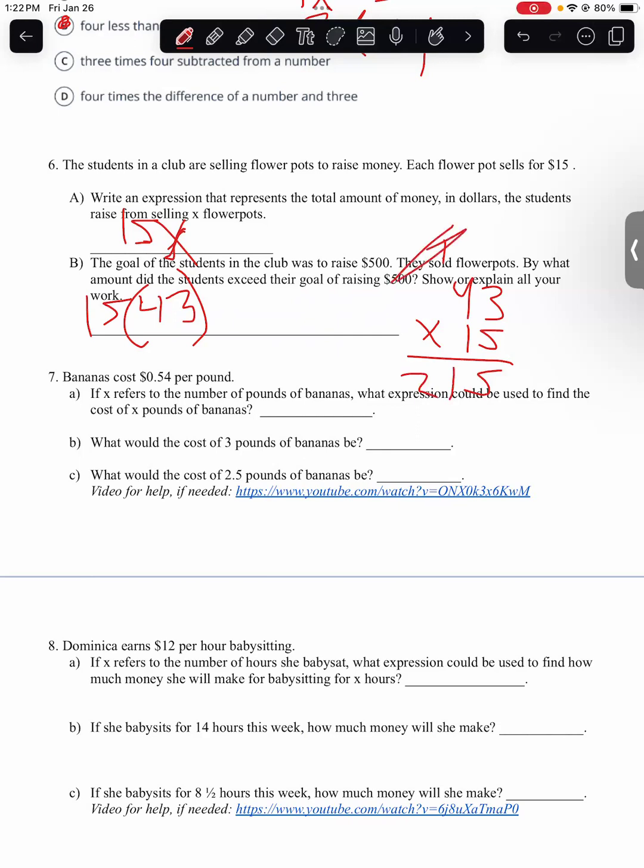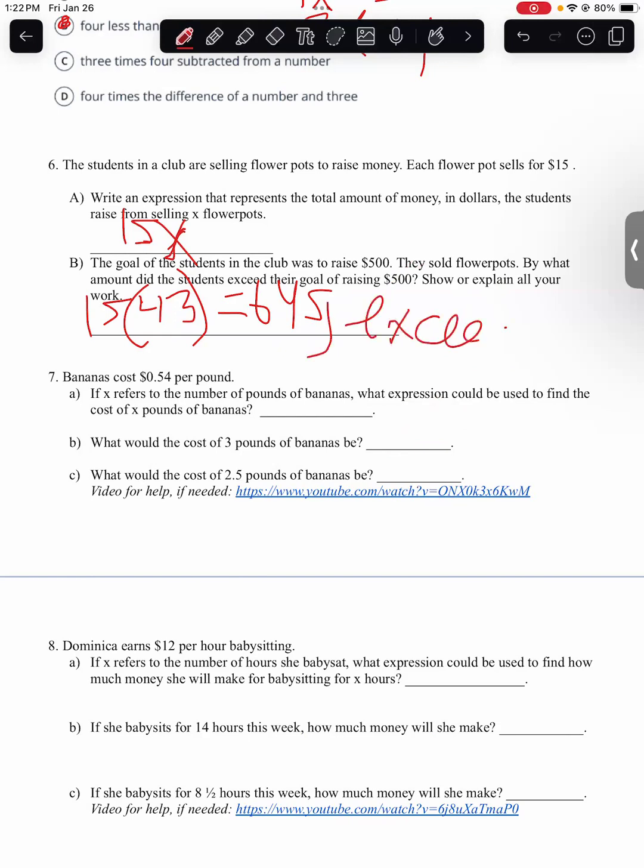Then we got 0 and 43. So that's a 5, 4, 6. So $645. So that means that they exceeded the goal. So they exceeded the goal by 645 minus 500, which is by $145.